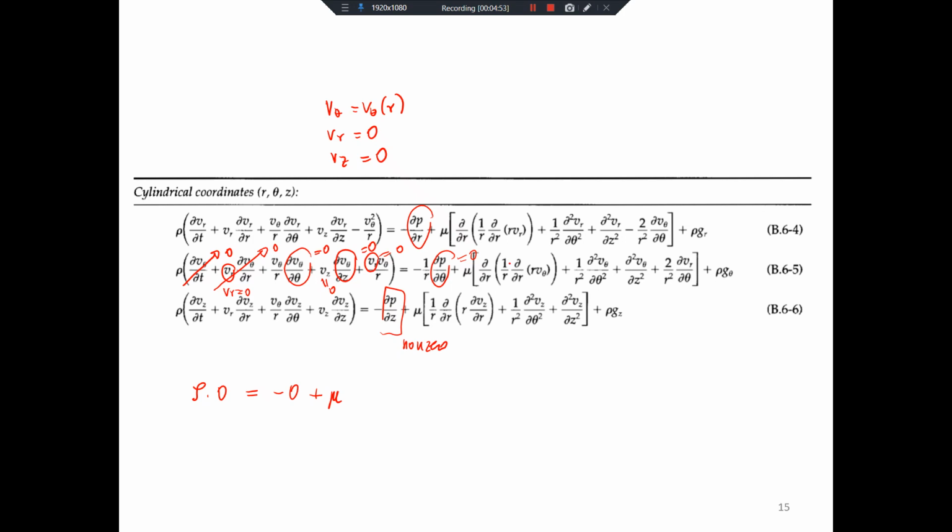Now, if I look at the rest of this equation, what do I have? This is a function of r, so all of this exists just fine, so that I cannot reduce.